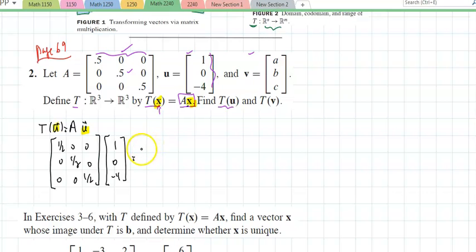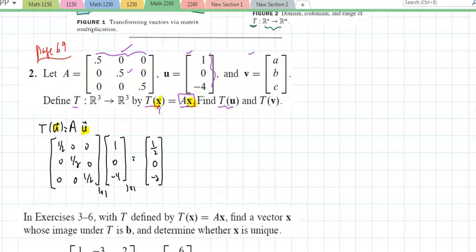If you multiply those out, so this is 3 by 3, and this is 3 by 1. You'll get a 3 by 1. I'm sorry. You'll get 1 half, a 0, and a negative 2.